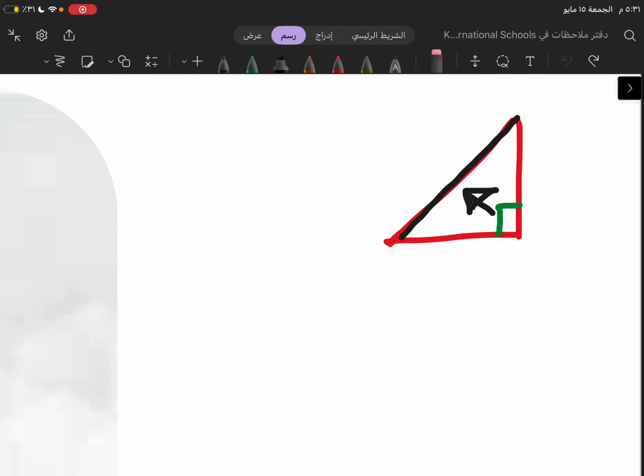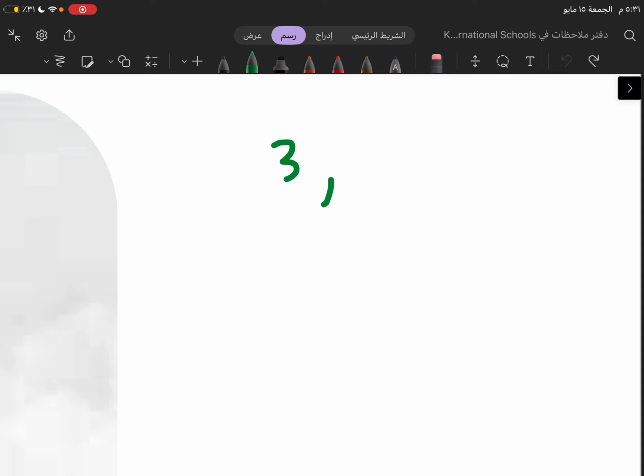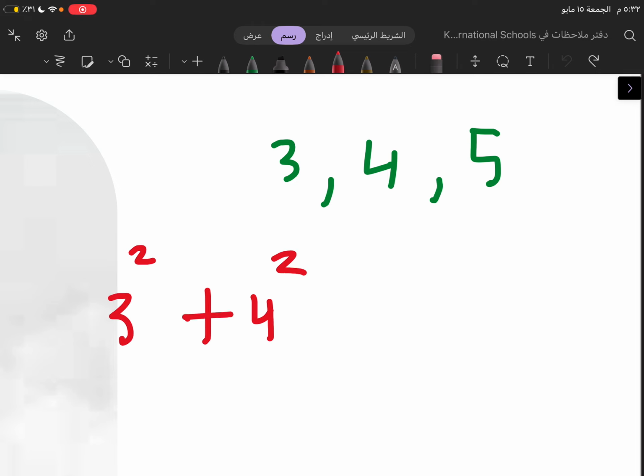Okay, the second idea here: he will give you 3 numbers, for example 3, 4, 5, and he asks if these numbers represent a right angle triangle or not. How do you know? You square the 2 shortest sides and add them by your calculator. It will be 25.